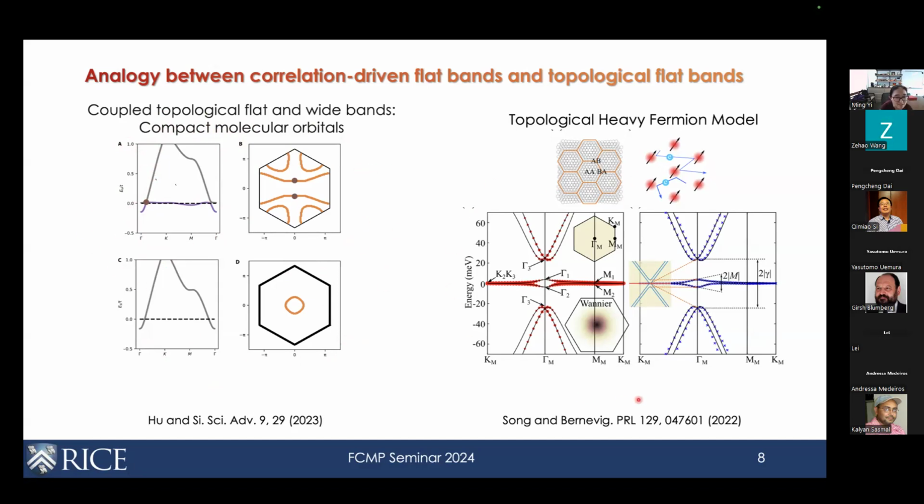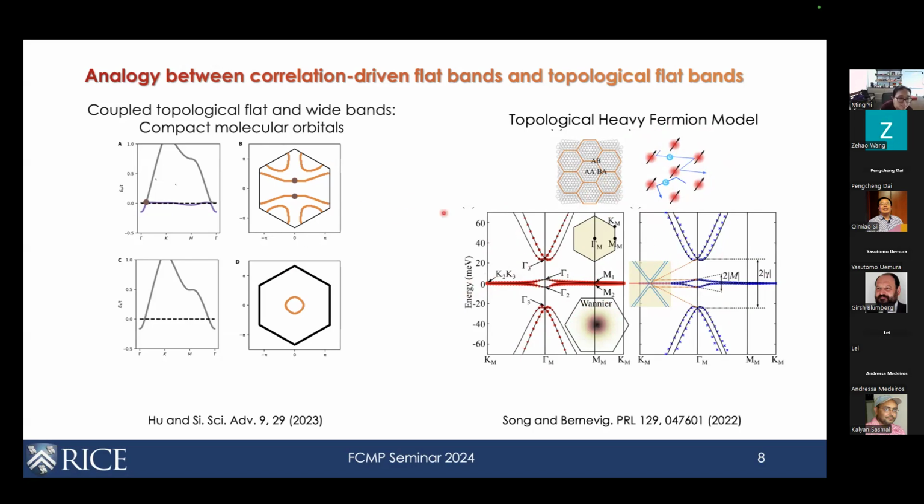On the right-hand side, this is another construct by Zhida Song and also Andrei Bernevig, where they've treated this problem for twisted bilayer graphene, where they recognize that even though there's a topological touching at the gamma point between the flat band and the dispersive Dirac points, the flat band is over 90% localizable, and they made this analogy to the local moments in a heavy fermion model, in addition to the dispersive states. So in this mapping, they can then map this onto a topological heavy fermion model.